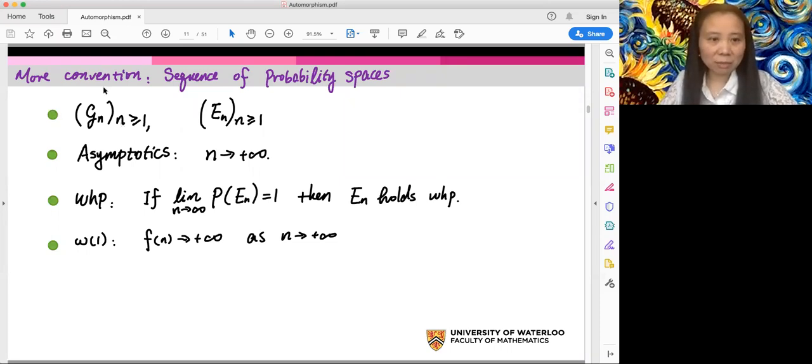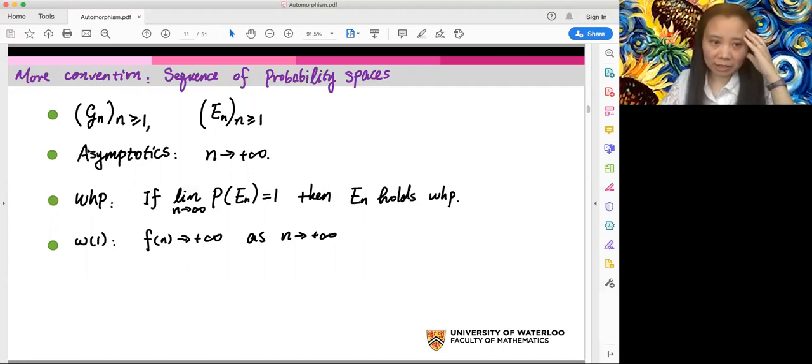And in each probability space G_n, you can define some event, say E_n. For instance, E_n can be the event that a random graph G_n is symmetric, okay? And then you also get a sequence of events.